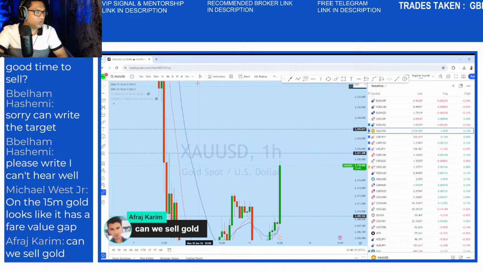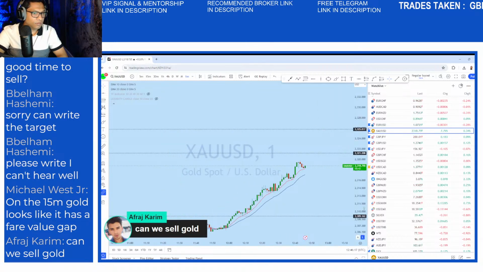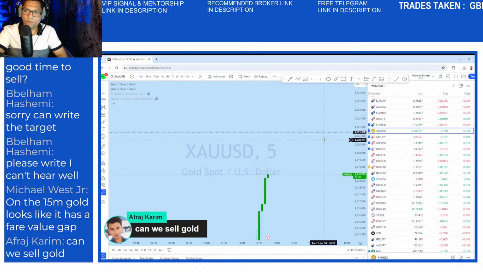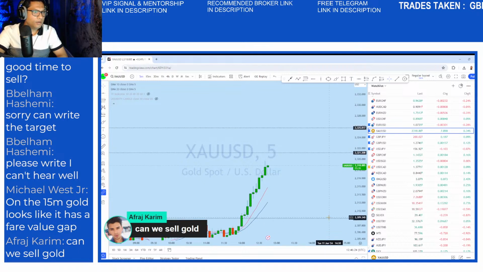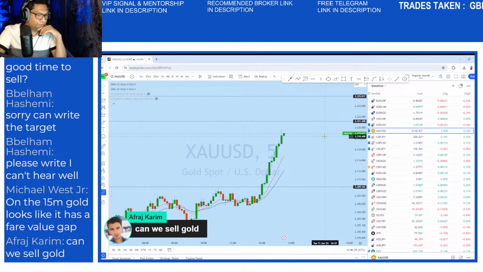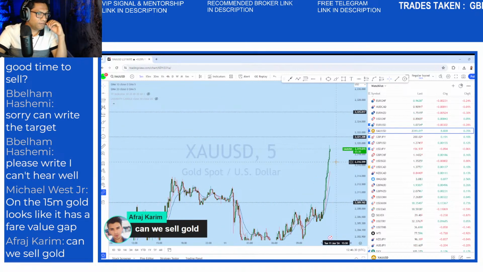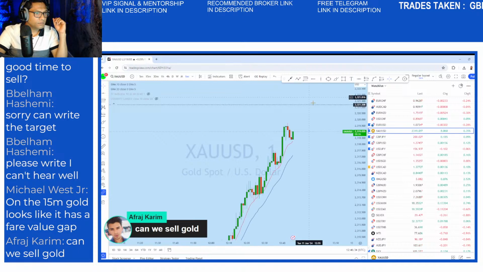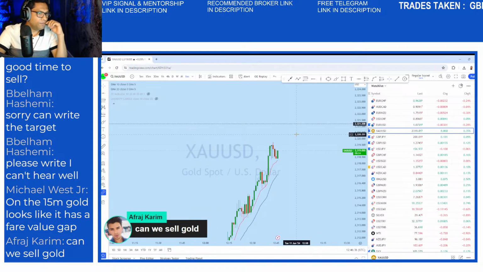Locally uptrend. So we'll be waiting for the price confirmation. You can see there is a very unusual move towards the upside. Very unusual move, and expecting it to reach the resistance line.